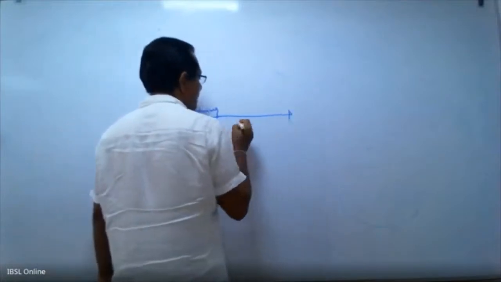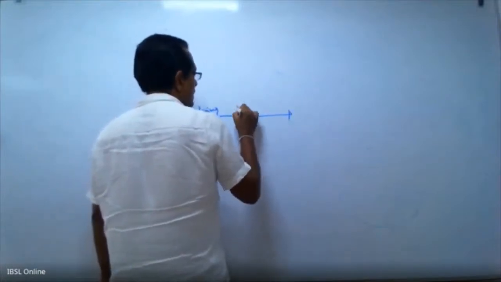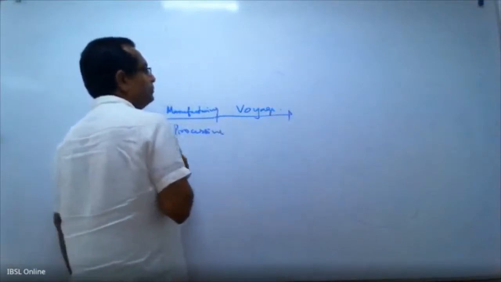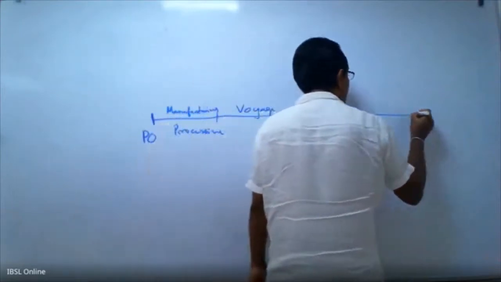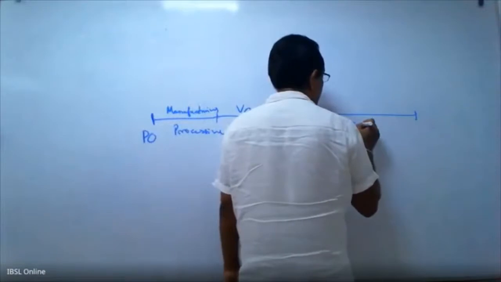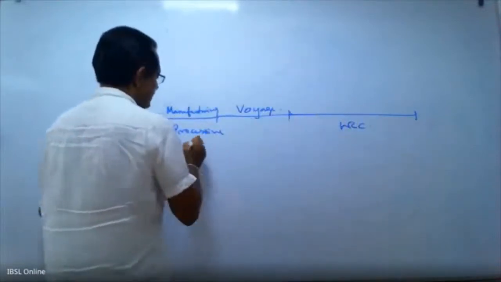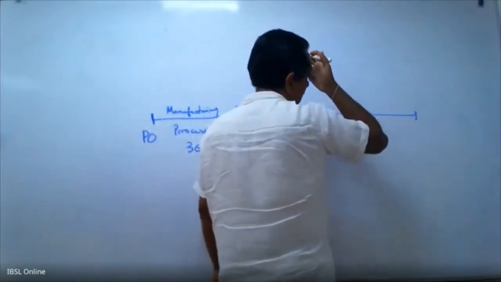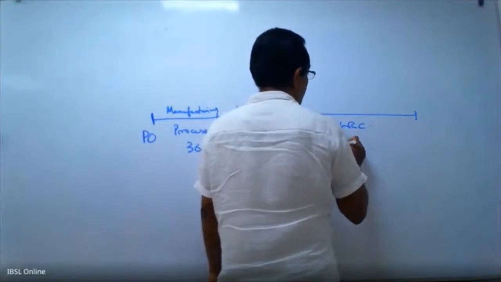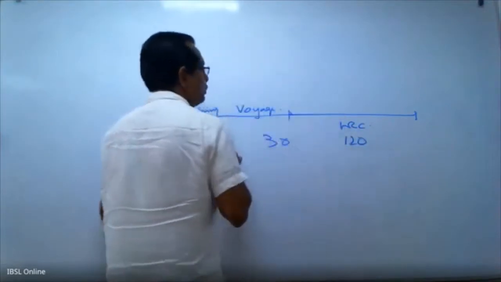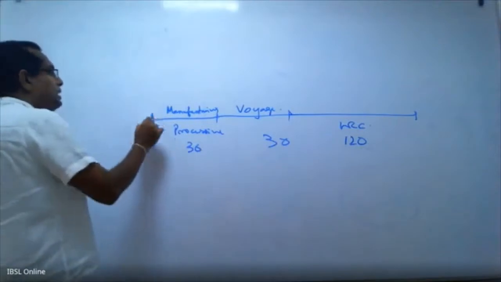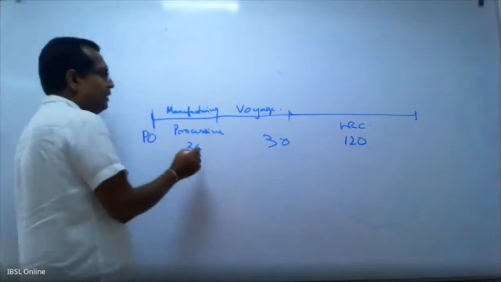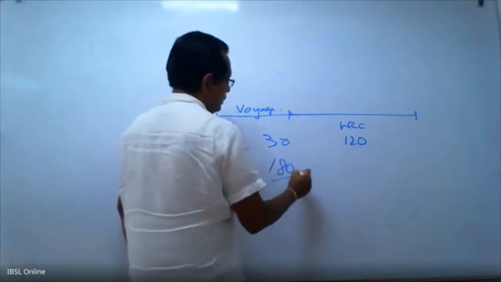Then you will have voyage time, that means shipping time, say 30 days. Then you have the working capital cycle, say 120 days. So from the date of the purchasing decision, it will take 180 days to get the money.